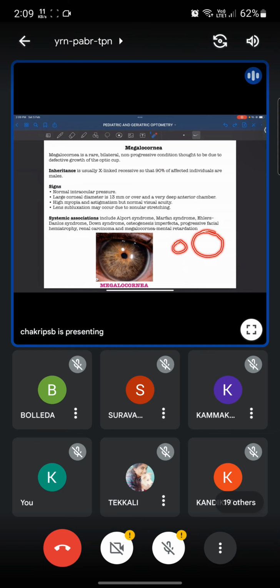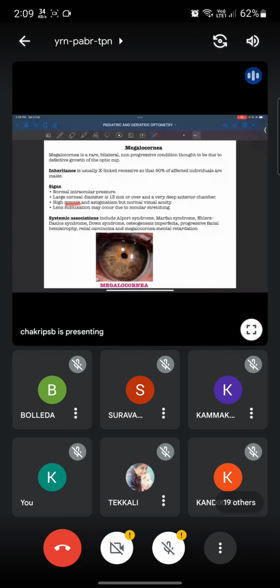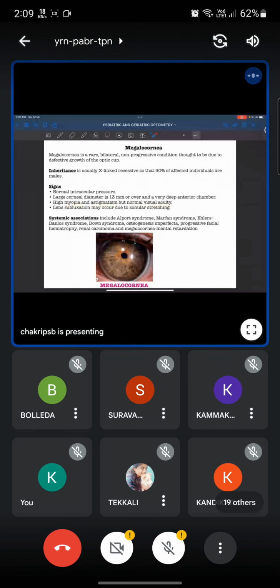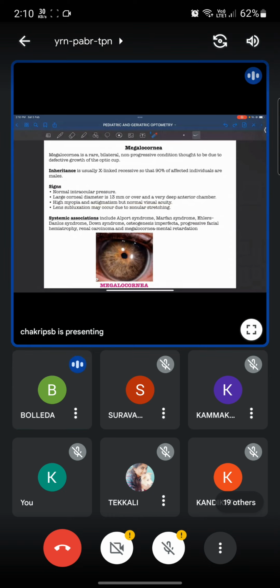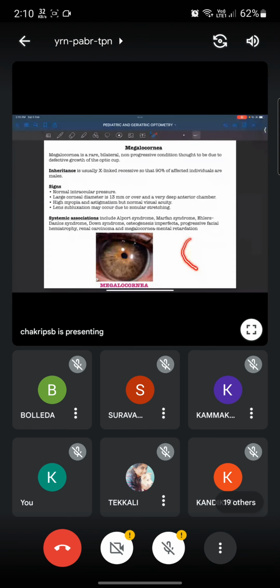They look like high myopia and astigmatism, but their visual acuity is normal. Sir, I have a doubt. What is your doubt? The third point: high myopia and astigmatism, but normal vision. See, high myopia means the eyeball size is very large, and the light rays are focused before the retina.